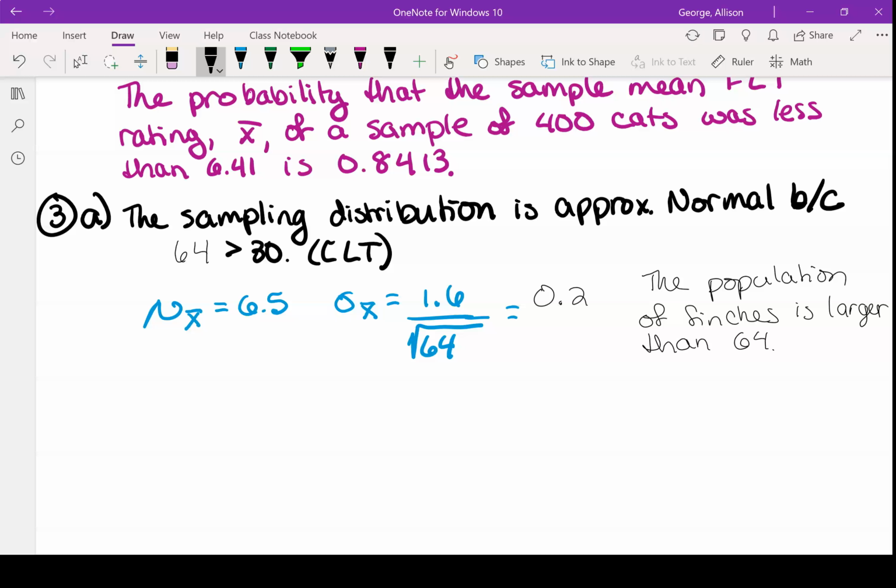All right, so now we have to actually write our description. So this is the fancy sentence.